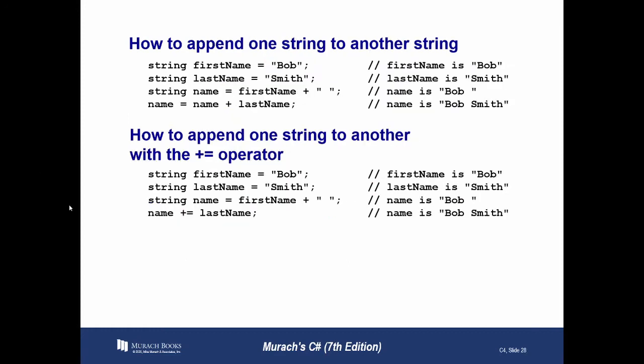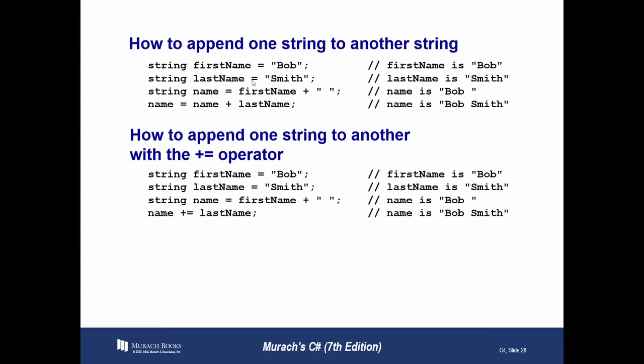So in this slide, we're going to talk about the word append. The only thing I want to say about this is that when we append something, what we're really saying is add it to the end. That's really all the word append means in this context. We're saying take what we have already and add it to the end of what we're doing. You can see the examples on this slide here.